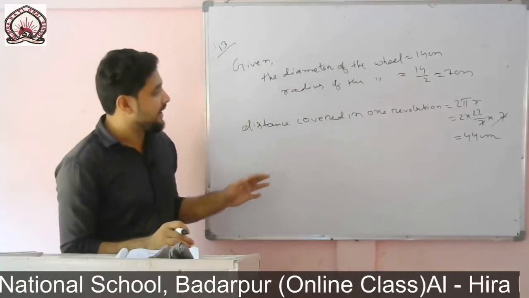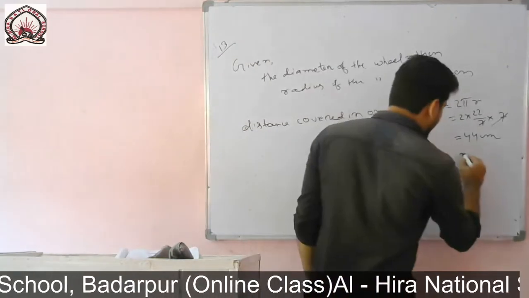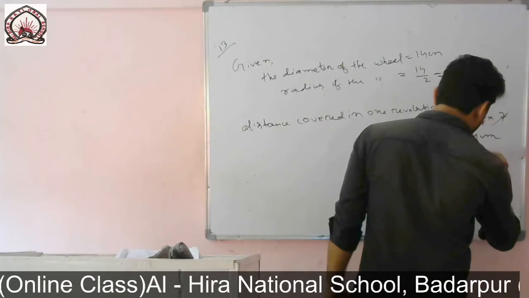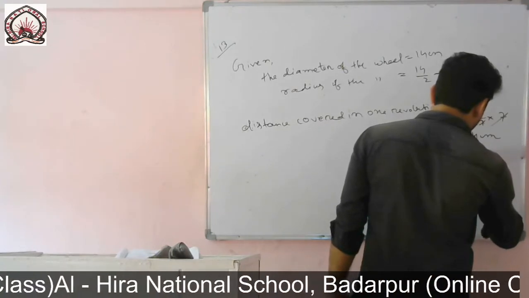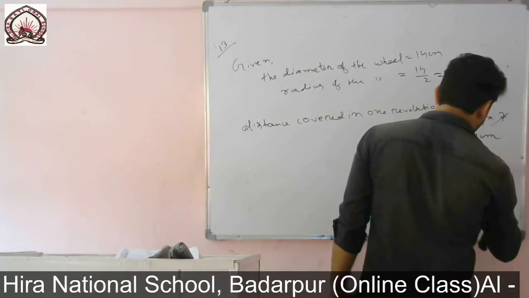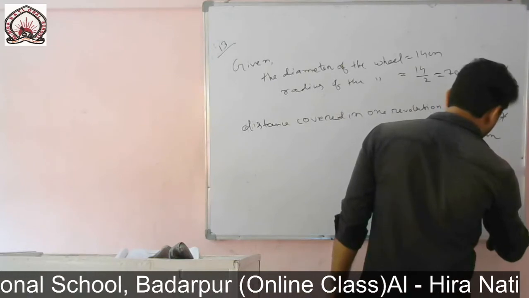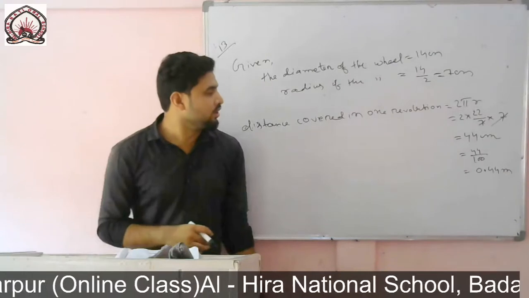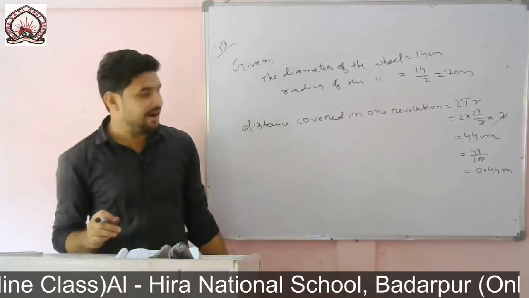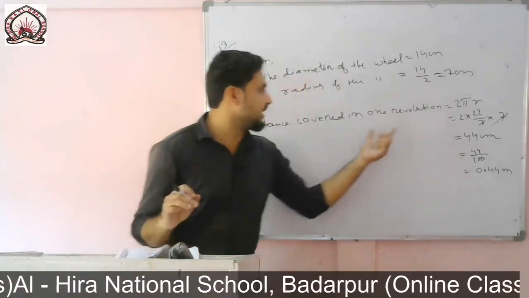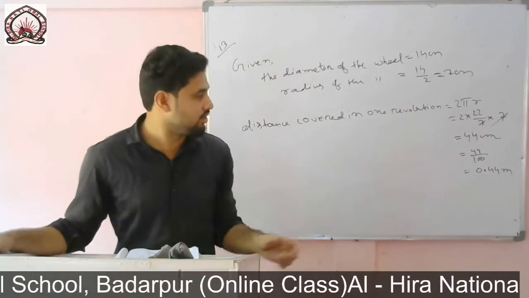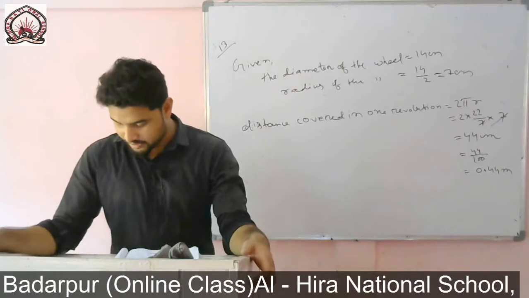Then we have to convert it into meter. If you convert, that will be 0.44 meter, because we have to find the speed in meter per second. So we have converted to meter.